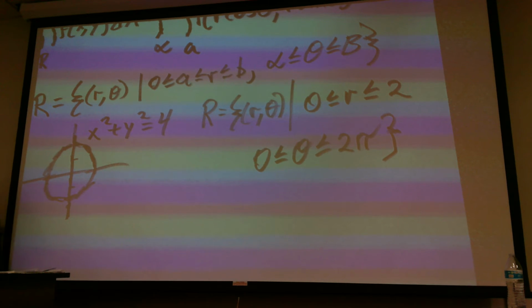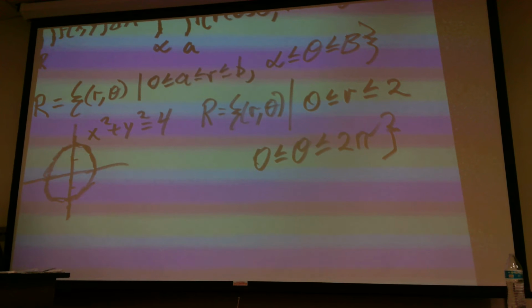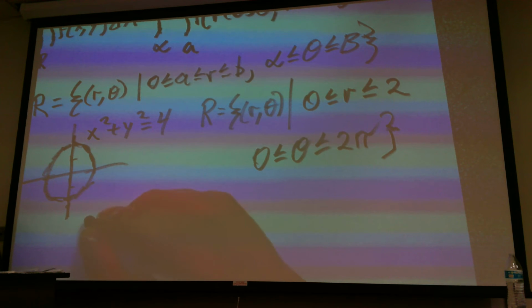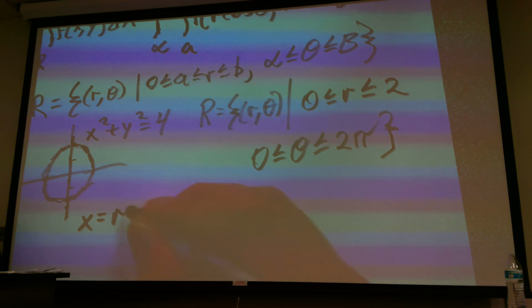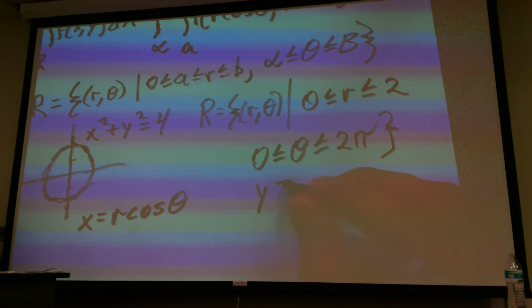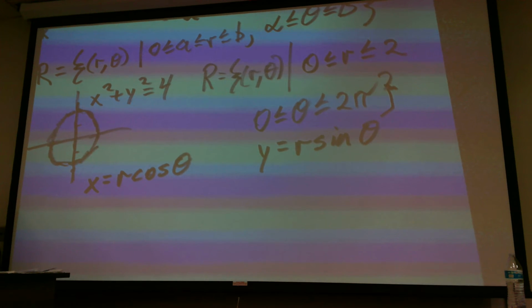So, to calculate this, okay, the original function was 4 minus x squared minus y squared. And so we have x equals r cosine theta, and y equals r sine theta. Okay?